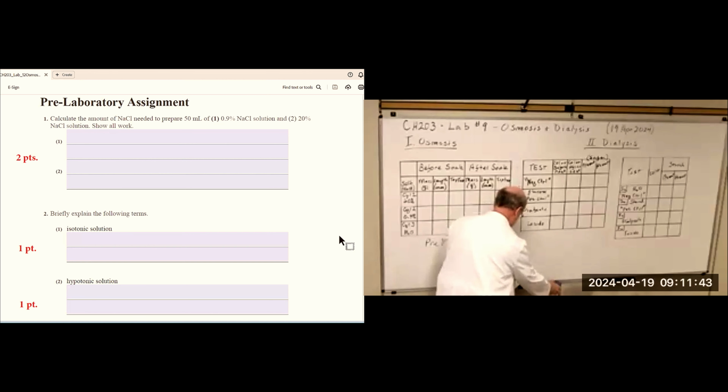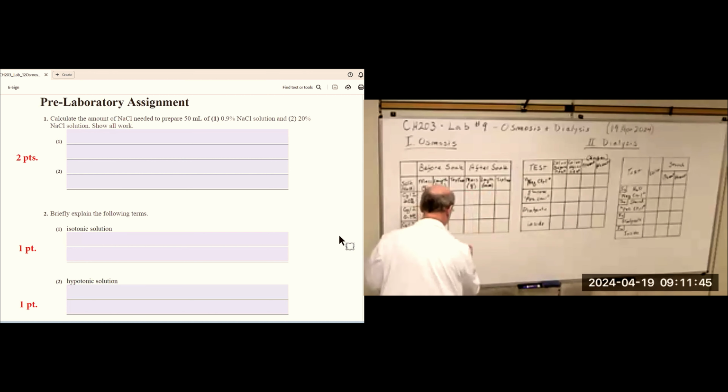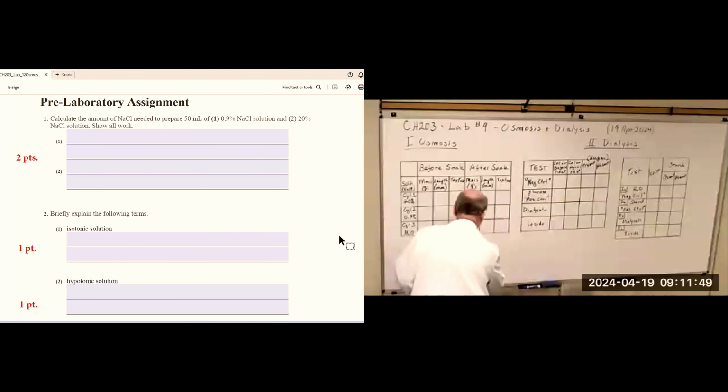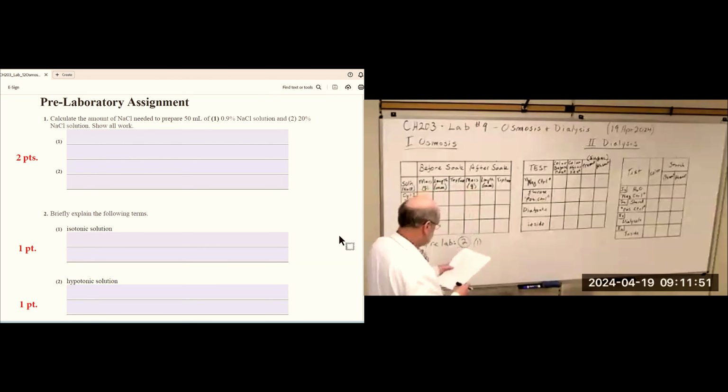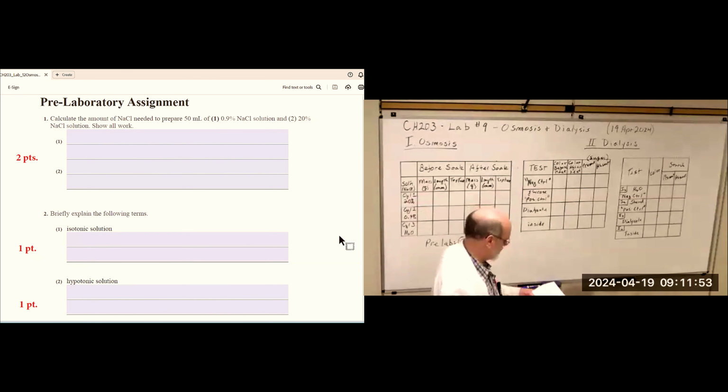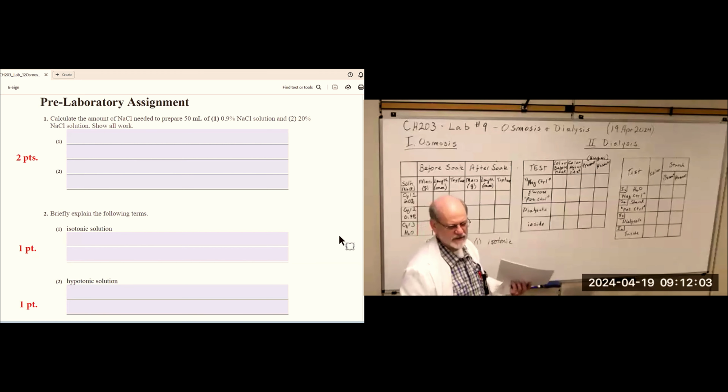Let's look at number 2. Two has several parts. Explain the following terms. Isotonic. Have you had biology or anatomy and physiology or anything?